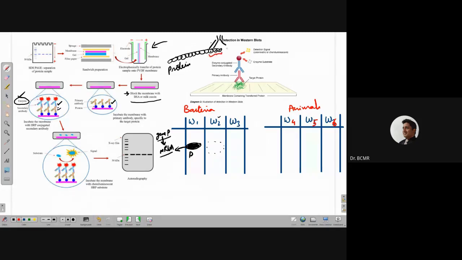Just a theoretical situation. Say, for example, there was a mutation here, a nonsense mutation. That means upon transcription and translation, a protein will be produced of only this much length, until here.